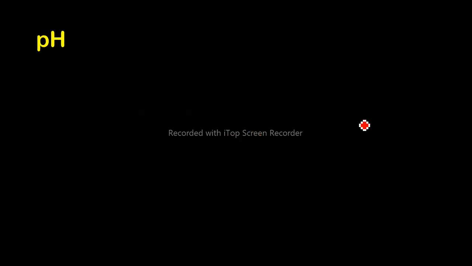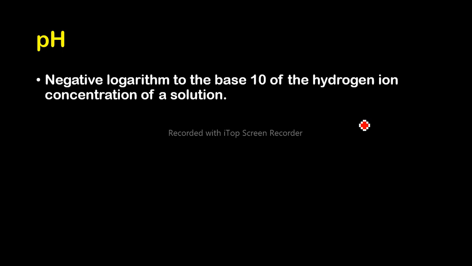Now, how is this applicable? This is applied in cases where we determine the pH and the pOH of any solution. Let's first see what pH is. pH is simply the negative log to base 10 of the concentration of hydrogen ions in a solution.